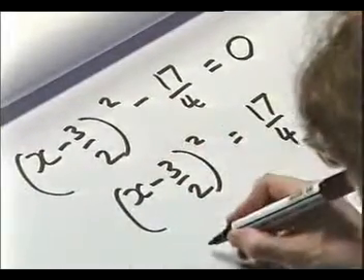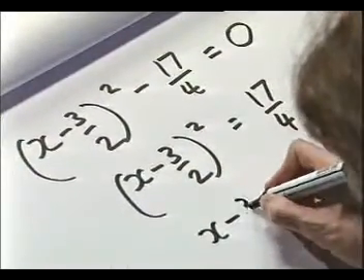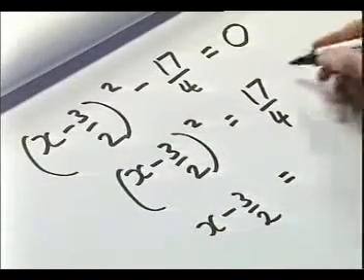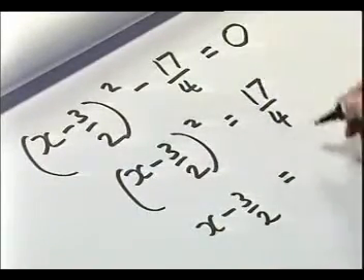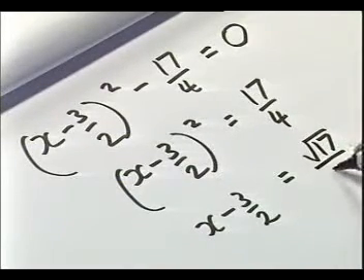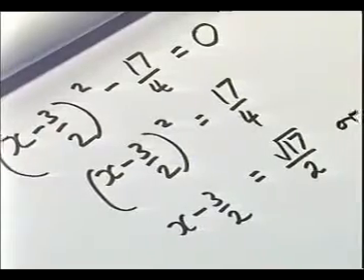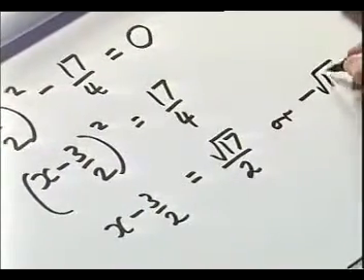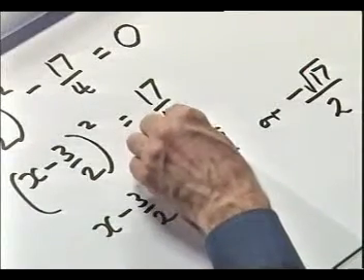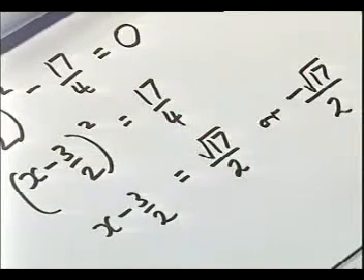So the square root of this will be x minus 3 over 2 equals, to take the square root of this, I need the square root of the top, which is going to be plus root 17 over 2, or minus root 17 over 2. Over the 2, because that's the square root of the 4.